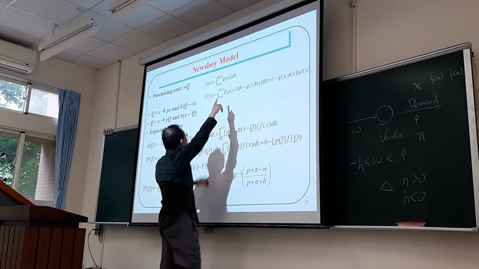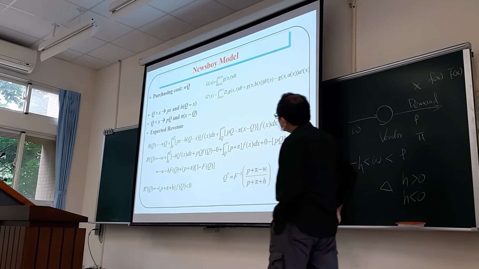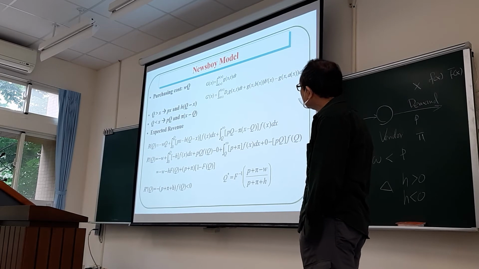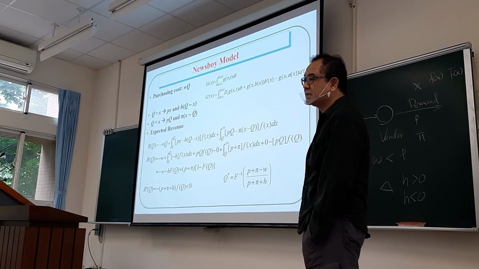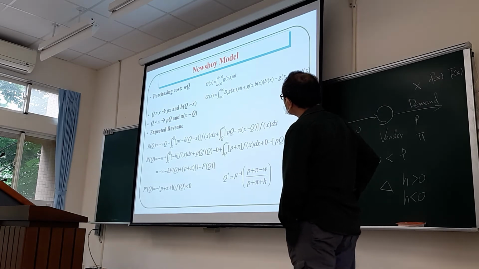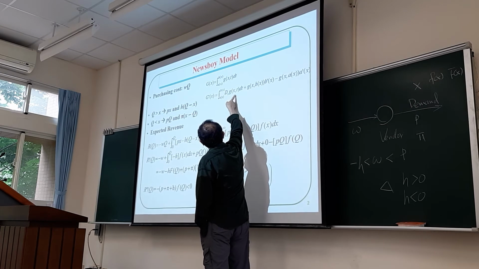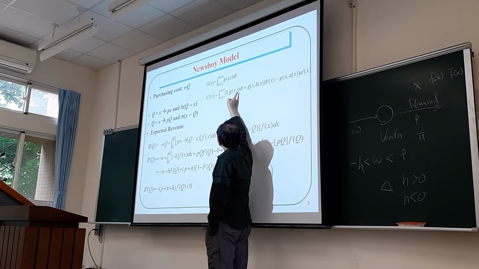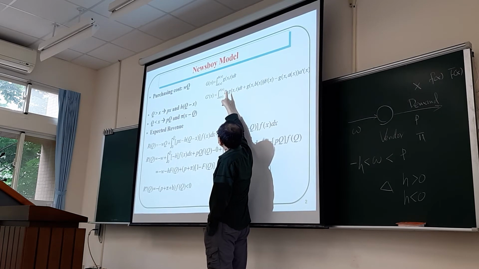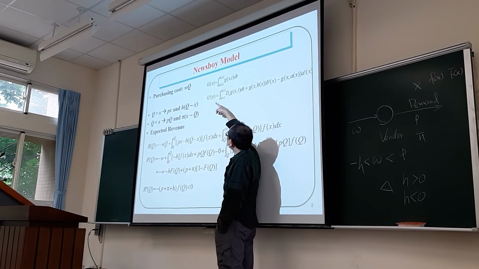Let's check the formula. G of X is the integration from A of X through B of X over the function g of x, t. Then we take the first derivative: we take the derivative inside the integration with respect to the variable.